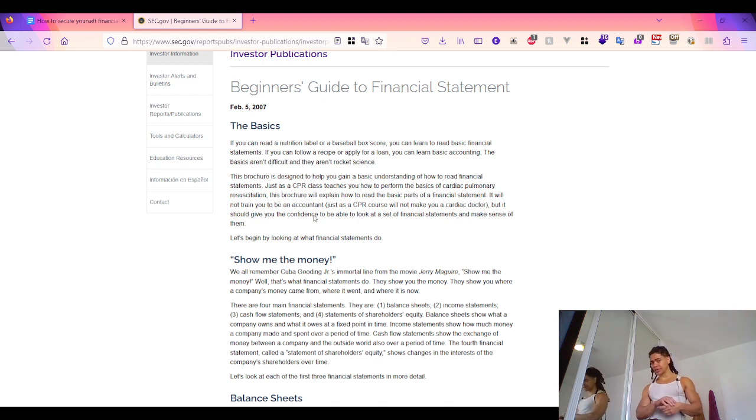The operating activities look at the net income from the income statement and reconcile it with the total cash that was used or received from operating assets.